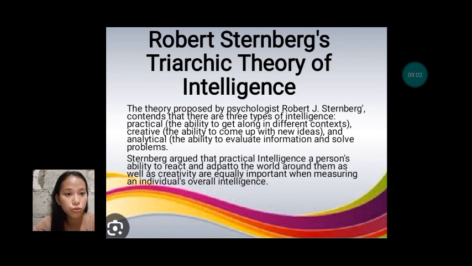Sternberg argued that practical intelligence, a person's ability to react and adapt to the world around them, as well as creativity, are equally important when measuring an individual's overall intelligence.